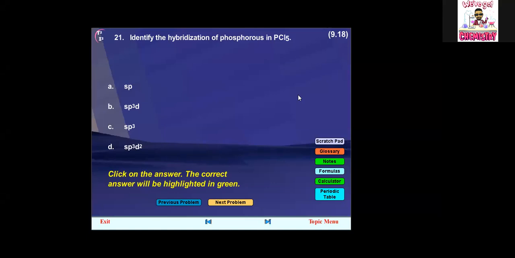Identify the hybridization of phosphorus in PCl5. If a molecule has a VSEPR formula AB3E, then the hybridization of the central atom is blank. So think of an example of AB3E.